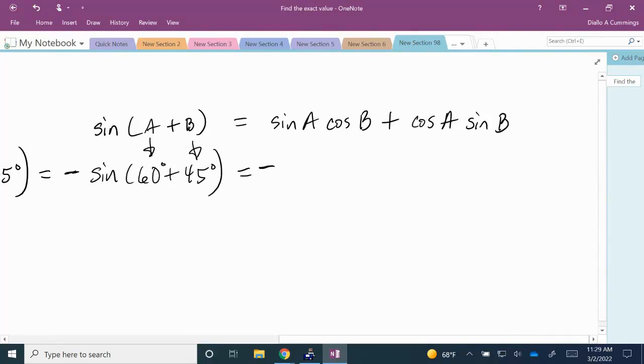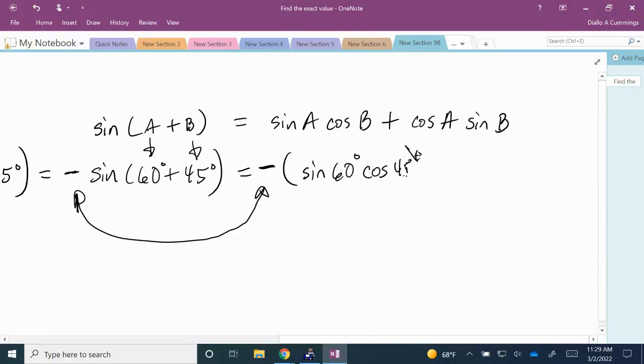But remember, we still have a negative in front of our sine function, so be sure to carry your negative. And now I'm going to substitute in the values. So we have the sine of A, which is 60, times the cosine of B, which is 45, plus the cosine of A, which is 60, times the sine of B, which is 45 degrees.